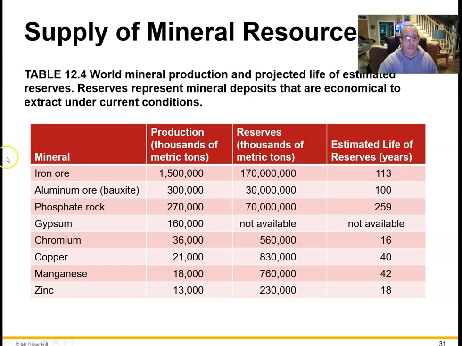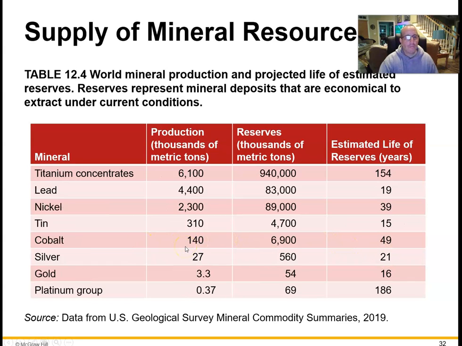Then you look down the list and you look down here at copper, that's 40 years. We use a lot of copper in a lot of things, and 40 years is not that far in the future. 16 years for chromium. Get down here and you're looking at silver 21, gold 16, 10, 15. We use a lot of that stuff. And we're under 20 years on some of it.